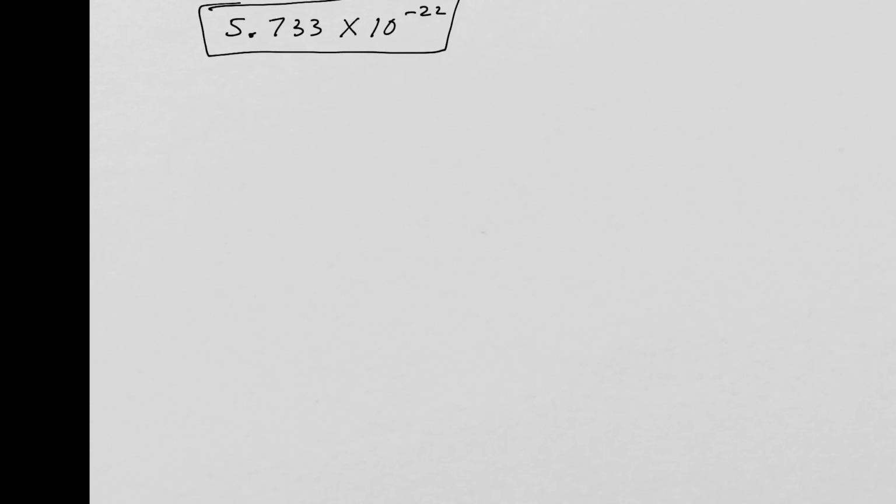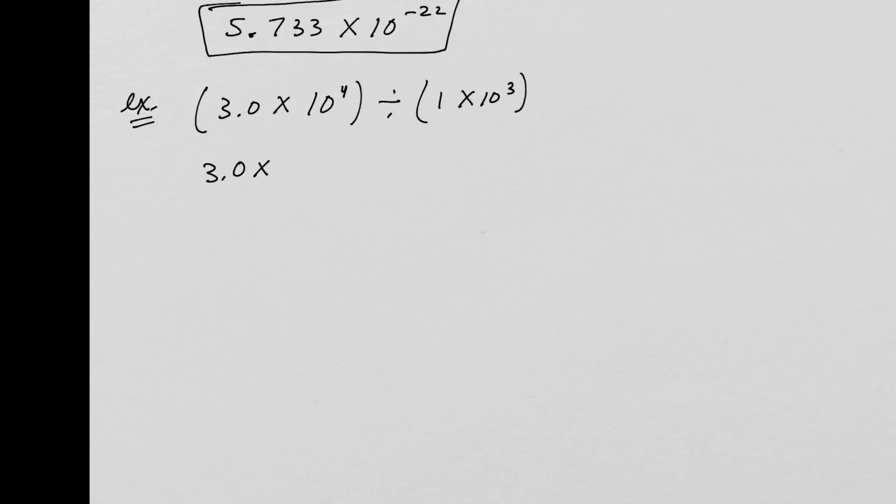All right, what if we divide numbers that are in scientific notation? So let's say I have now 3.0 times 10 to the 4th divided by 1 times 10 cubed. Well, I could write this as 3.0 times 10 to the 4th over 1 times 10 cubed.